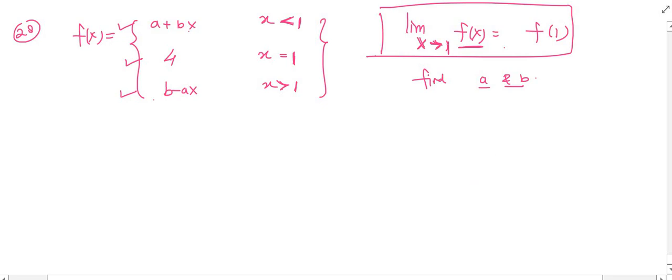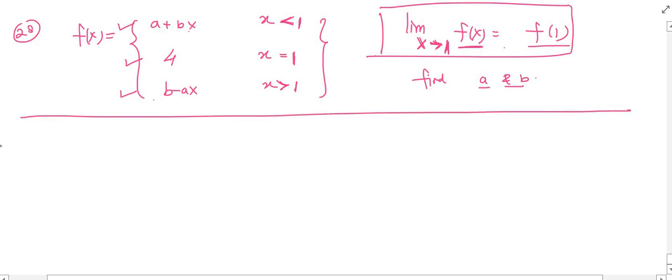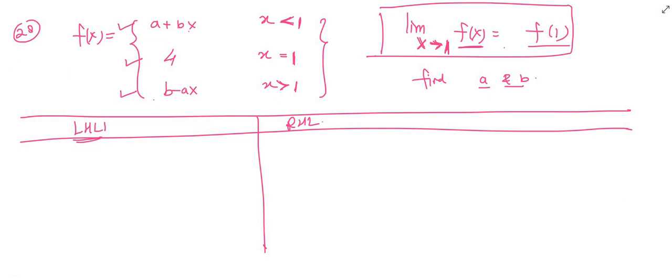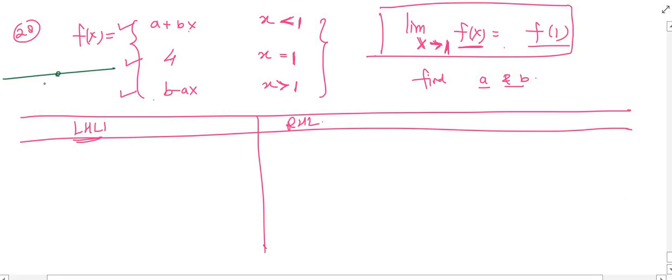So let me first find out the left hand limit, right hand limit, and the function value. Correct? So there are three things that we should know here. So let me do LHL and then RHL. LHL means what? Means 1, a little bit left, which is the LHL side.